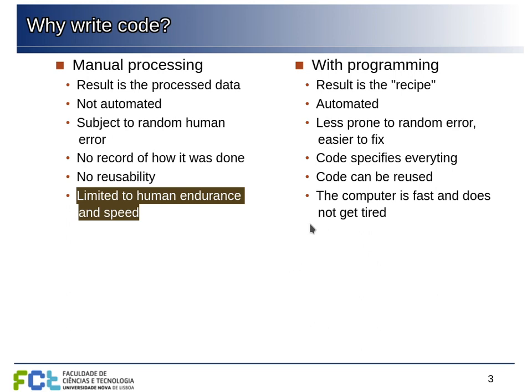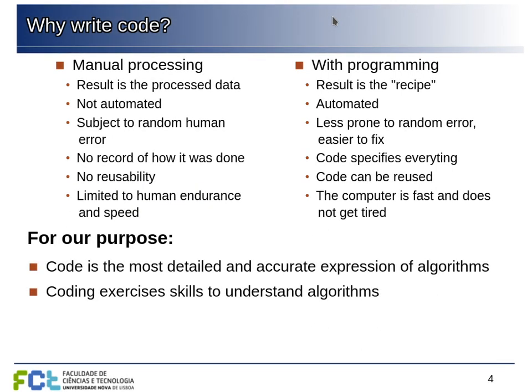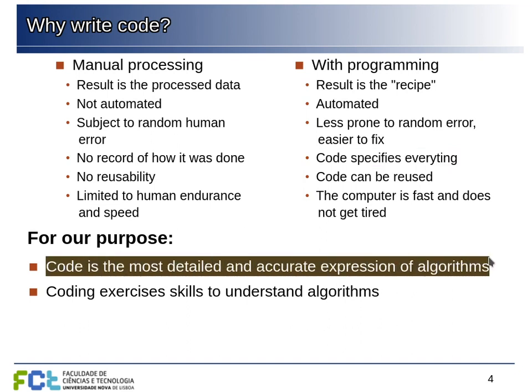But for our particular purpose, we are going to focus on this basic idea that the code specifies everything. So basically, code will be the most detailed and the better way to express some algorithm. So if you can write the code for an algorithm, then it's certain that you understand the algorithm.